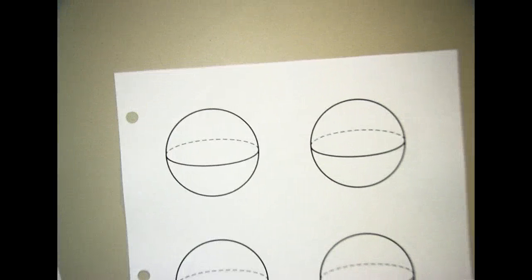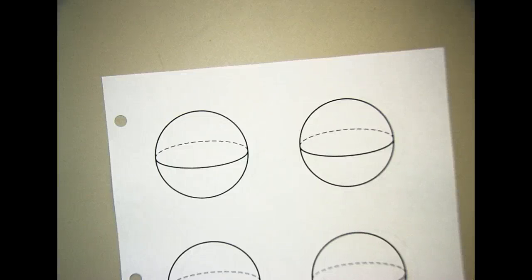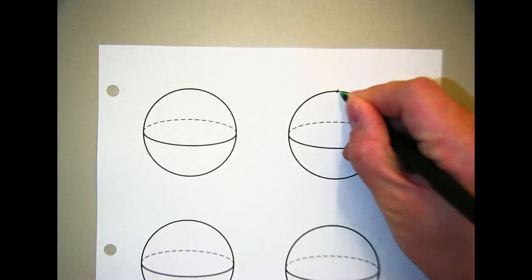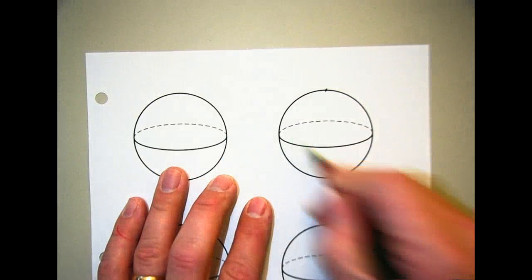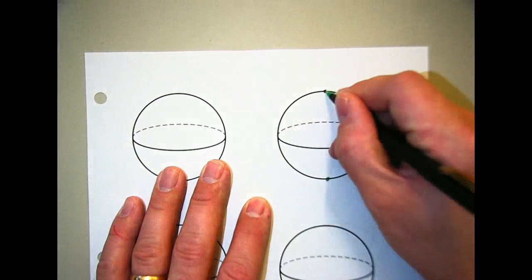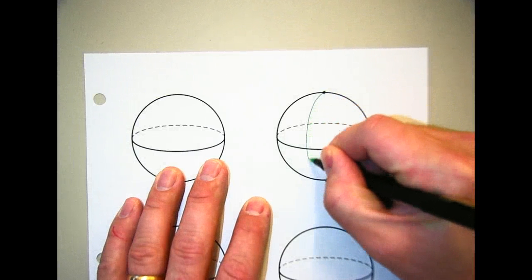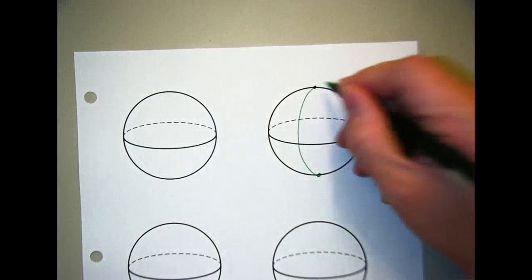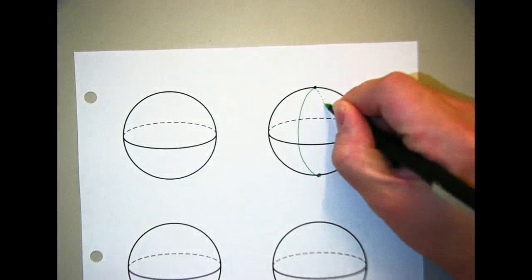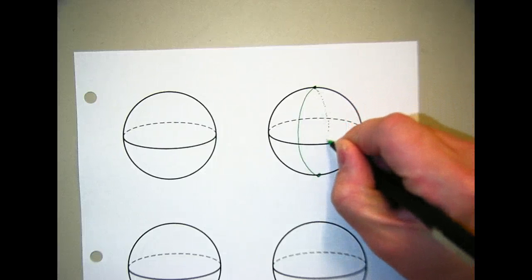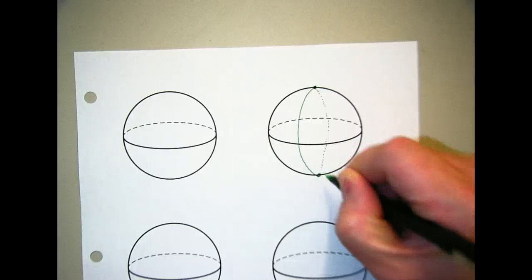You'll get a page of these, all of your own. I know it's pretty exciting. What do we call these lines? We know this is the equator. What do we call these lines that go from pole to pole? Is it longitude or is it latitude? I never remember which direction they go in.